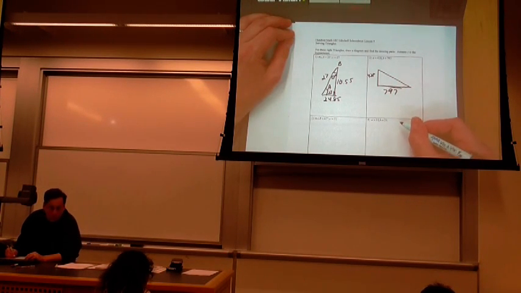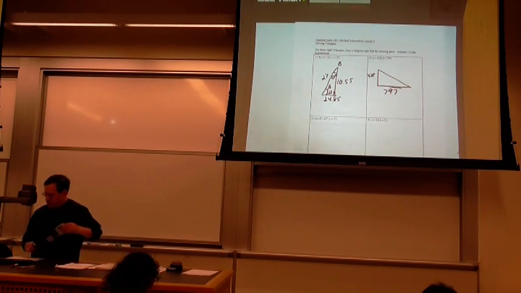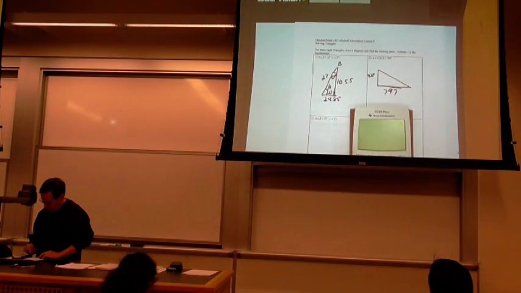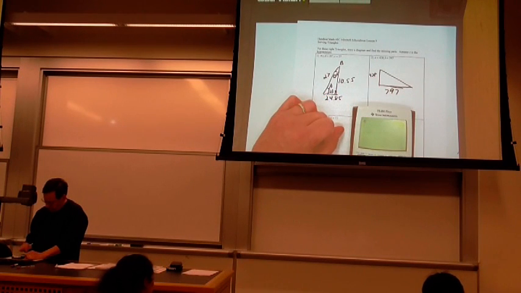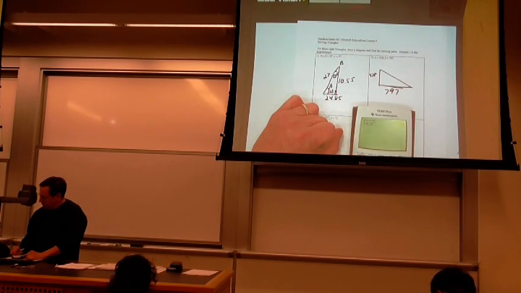Okay, so really want a calculator for this one, right? What am I doing here? Pythagorean theorem, 428 squared. I'm just going to mention this in case somebody hasn't noticed.